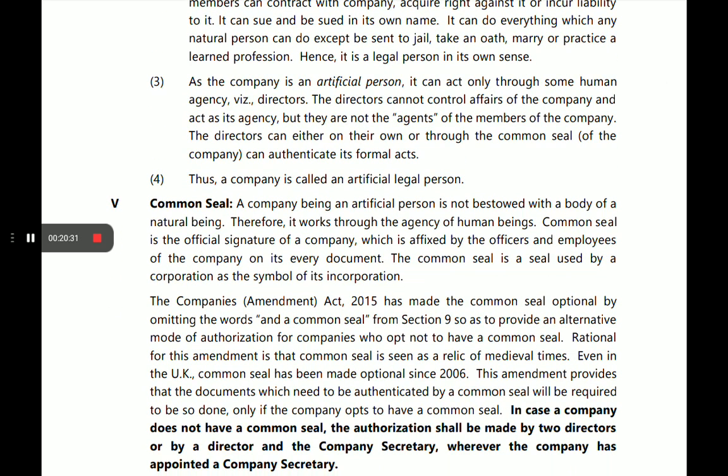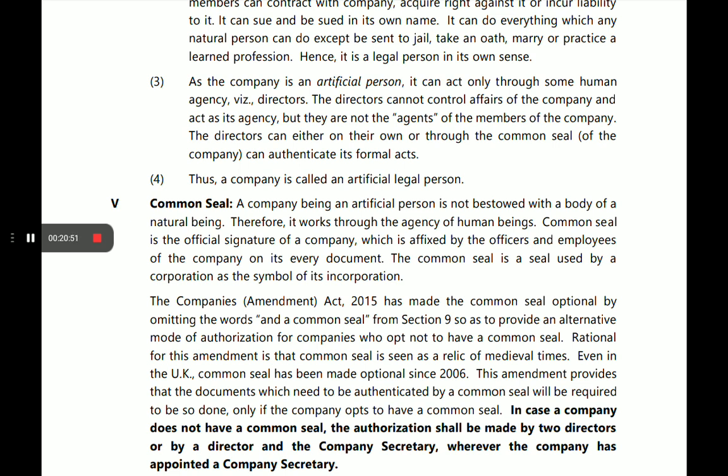Common seal. A company being an artificial person is not endowed with the body of a natural being. Therefore, it works through the agency of human beings.